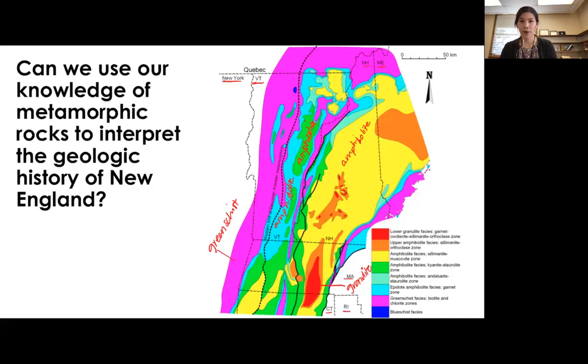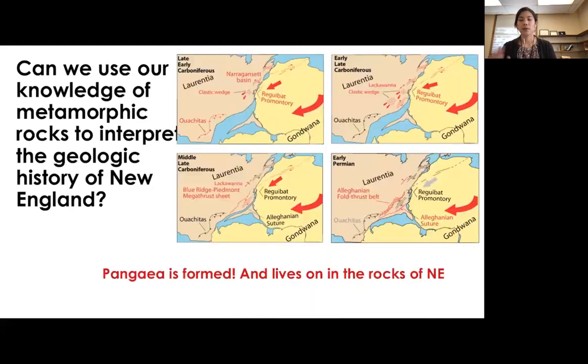All right, so moving on. These rocks are recording the formation of Pangaea, so the supercontinent. This was during the collision of Laurentia, which was North America, with Gondwana, in the late early Carboniferous, or what we might call the Mississippian.